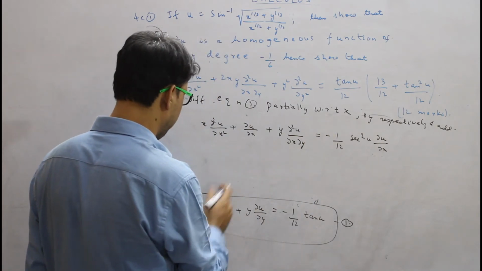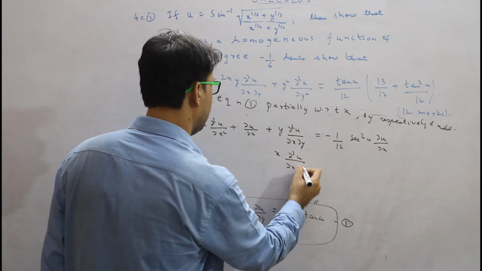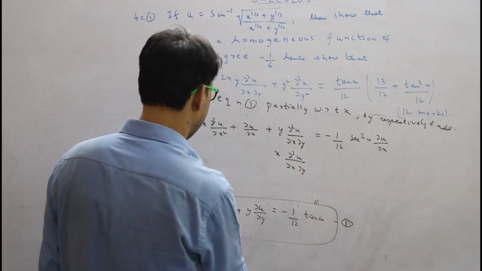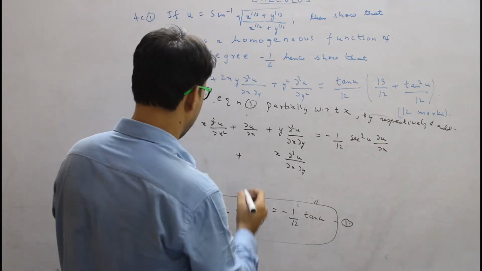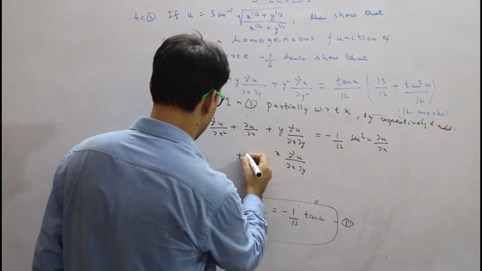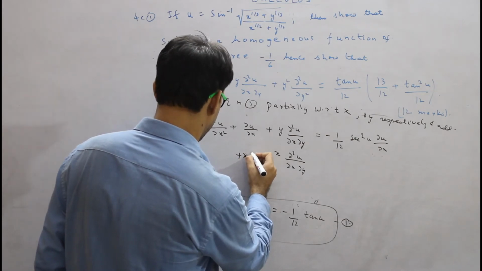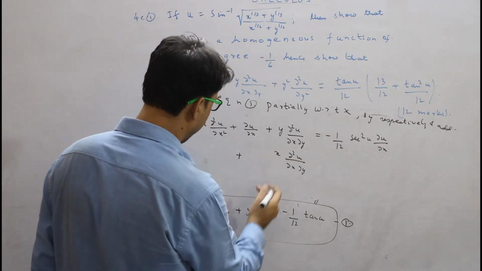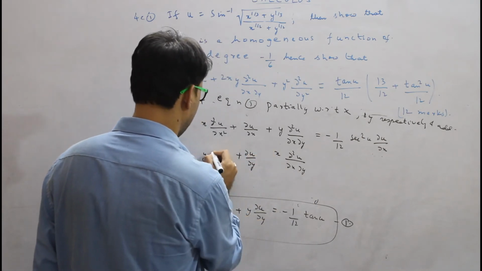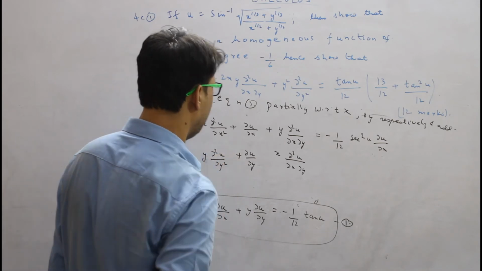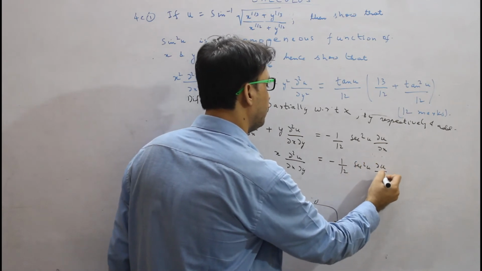So this will give me x ∂²u/∂x∂y plus y ∂u/∂y plus y ∂²u/∂y² is equal to minus 1/12 sec² u ∂u/∂y.